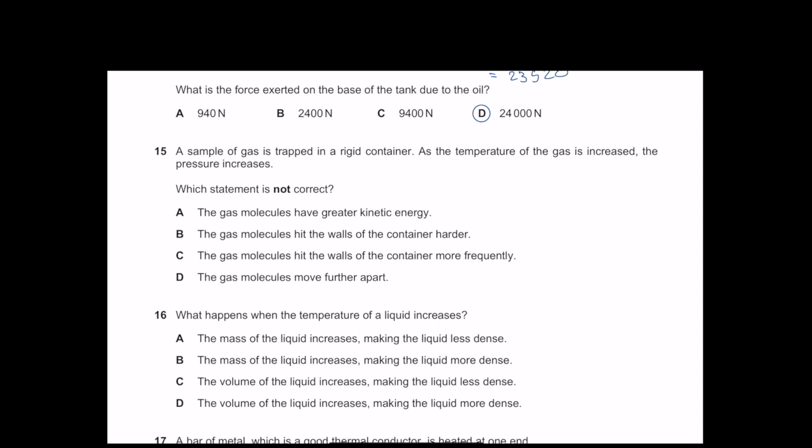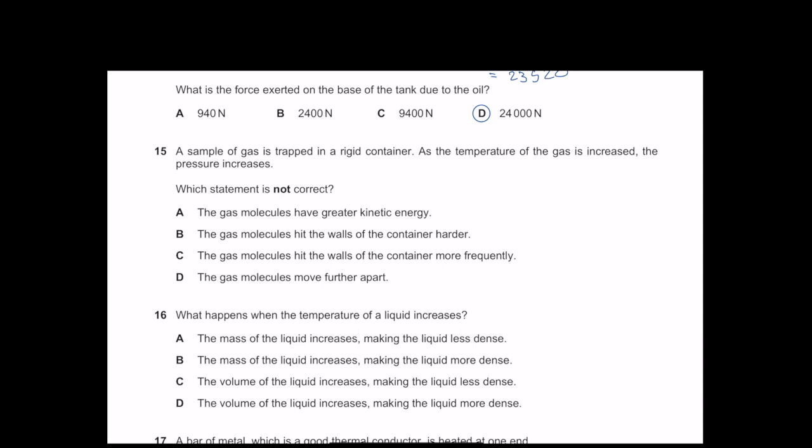The gas molecules hit the wall of the container more frequently. This is also correct, because when the motion becomes faster, they will reach the other side faster, so it will collide more. It means it will collide more frequently compared to before. All A, B, C are correct, so I will not choose them. Let's test D. The gas molecules move further apart.